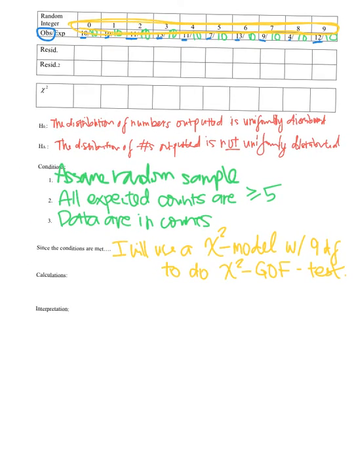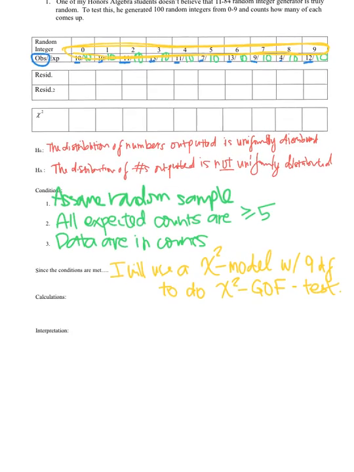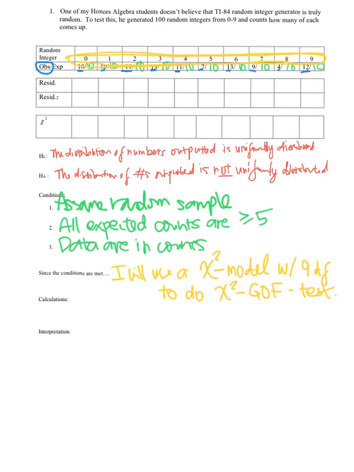Okay, let's go on to calculations. So calculations, I'm going to show you guys how to do this by hand, and also I'll explain to you how to do it on your calculator. Basically what we're trying to do is see how far off the observed counts are from what we would expect.